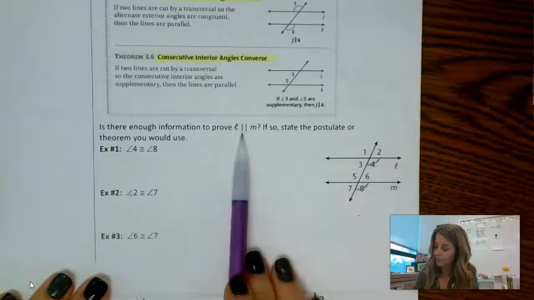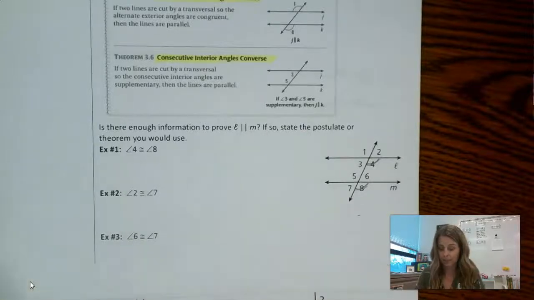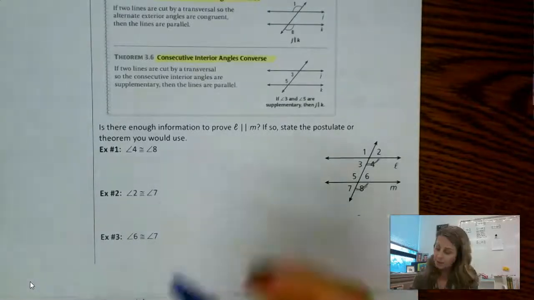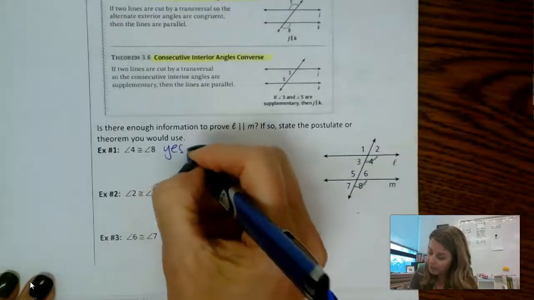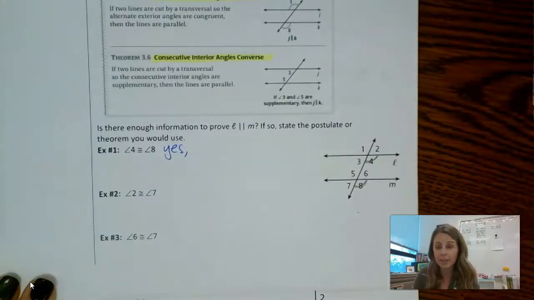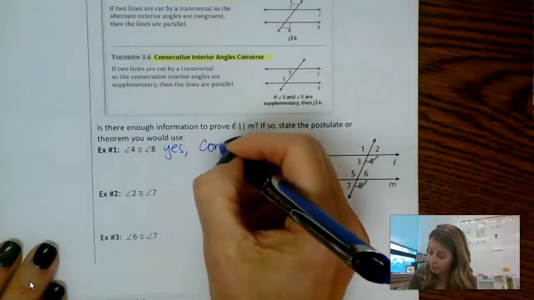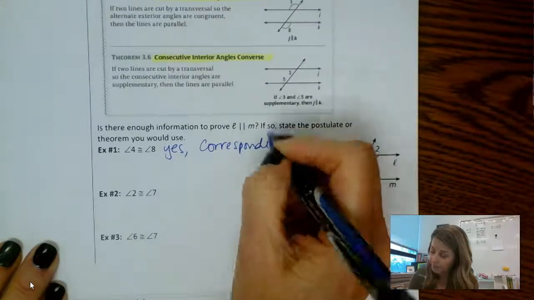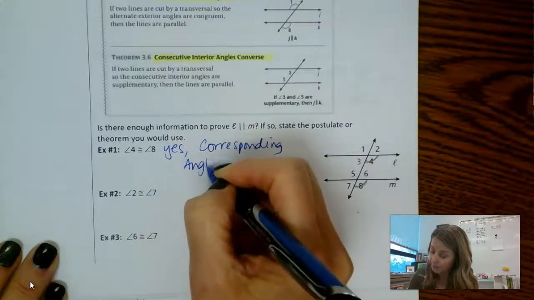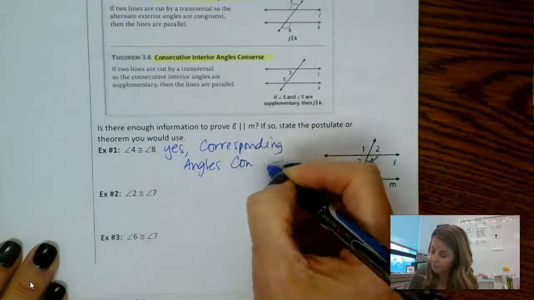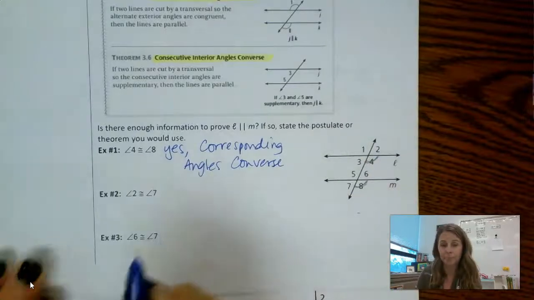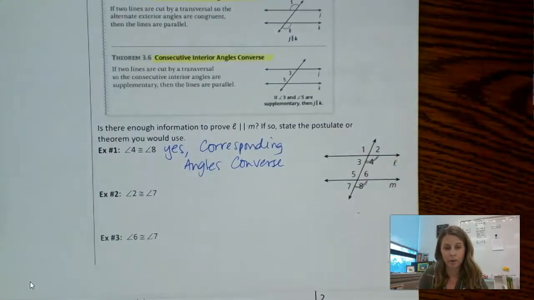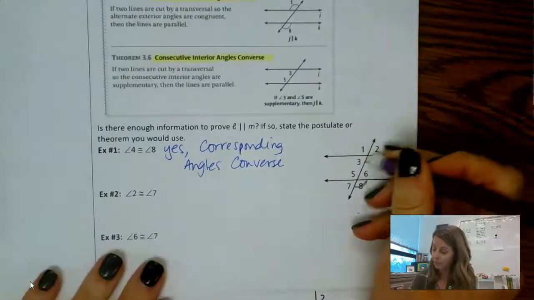So is there enough information? Yes. If so, state the postulate or theorem. I'm going to say yes, and then the reason is the corresponding angles converse. That's the answer to our question.